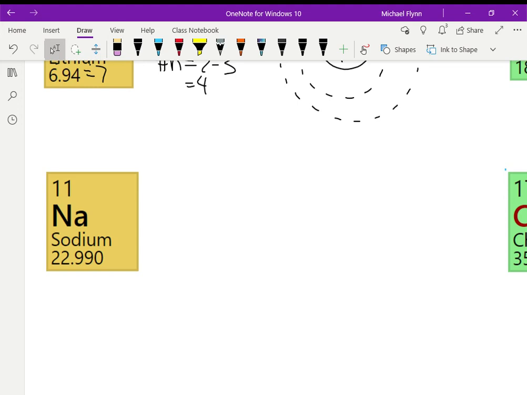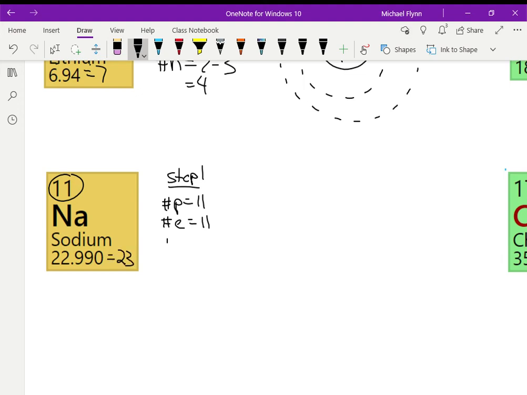Now I'm going to do sodium for you. Step 1. You don't have to write the word step 1. I'm just writing it because I'm explaining it to you. So you have 11 protons, therefore 11 electrons in the neutral atom, and this you're going to round to 23.